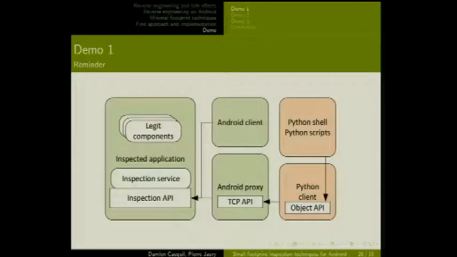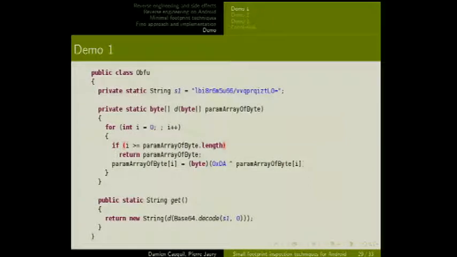So demo 1, we just use the Python API to communicate with the remote application. In this remote application, we have a dedicated class called opfoo, and this class handles all the obfuscation stuff.